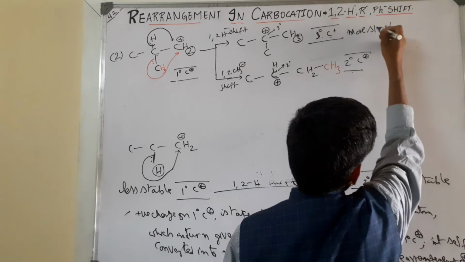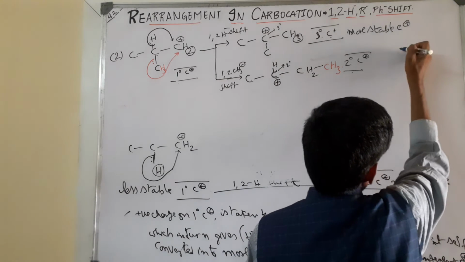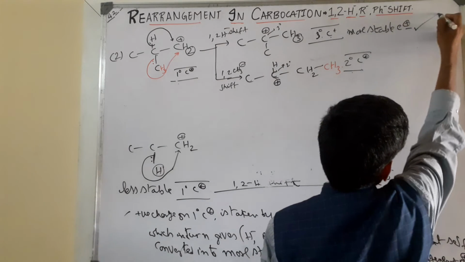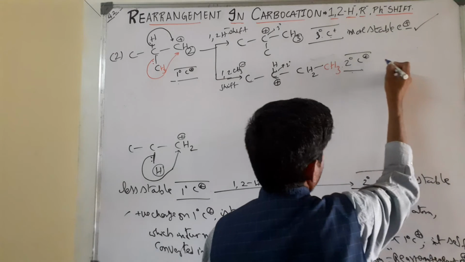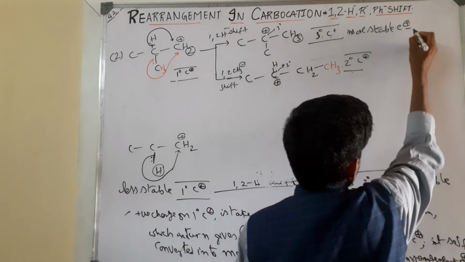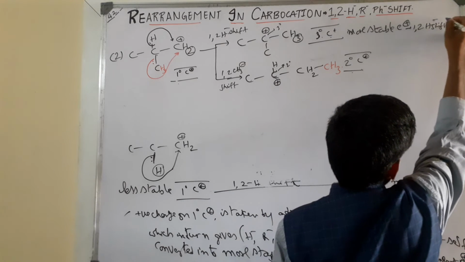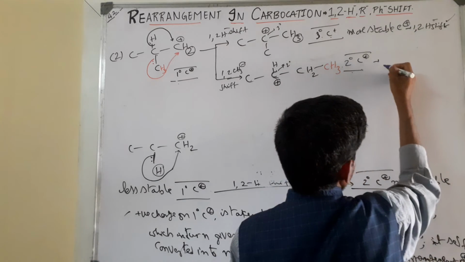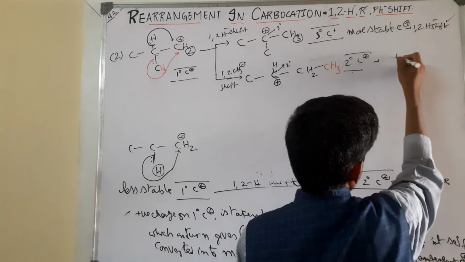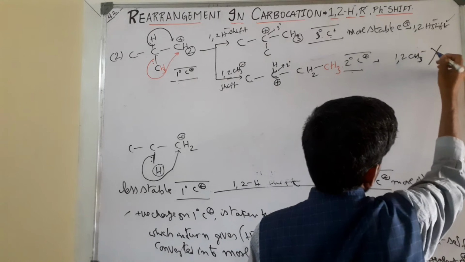Tertiary is more stable than secondary, so that is why this shifting takes place. The 1,2 hydride shift takes place, but the other is somewhat less stable than this one, so the 1,2 methyl shift will not take place.